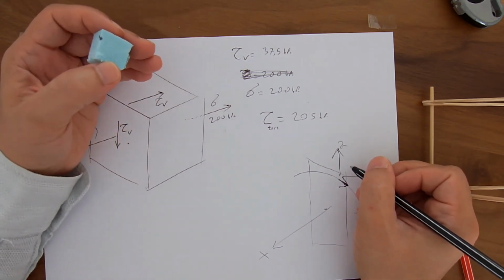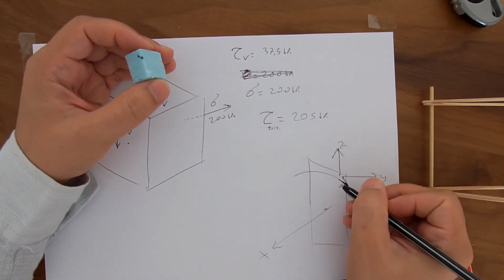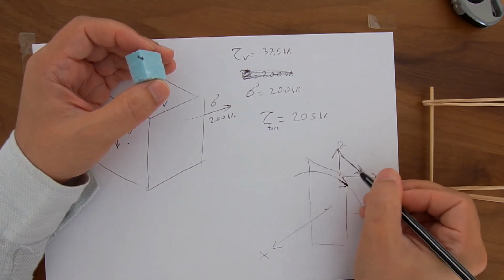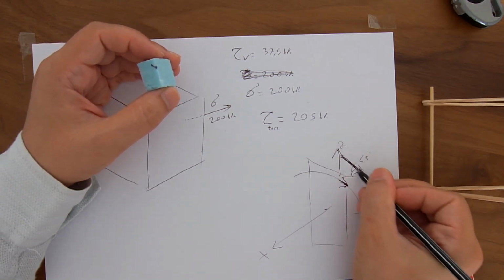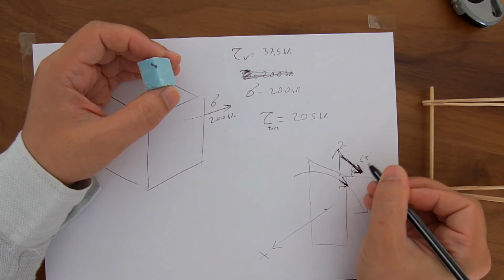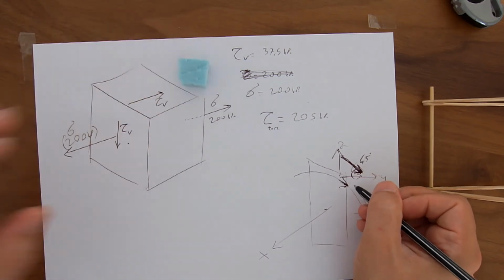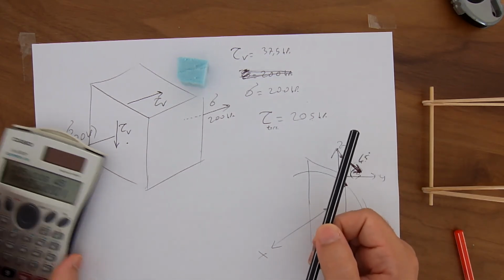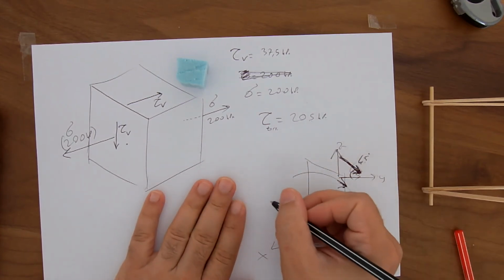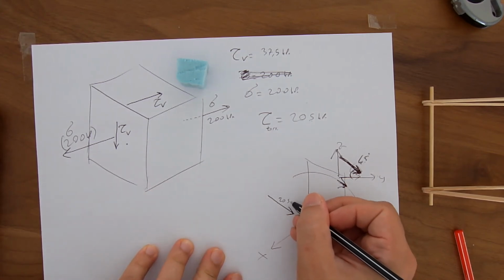And so what was the value? 205 kilopascal. Assume that this is just 45 degrees. The direction of the stress is 45 degrees to the y-axis, and then the components would be 145 kilopascal. So I plot it again. This is the original torsional shear stress, 205 kilopascal.